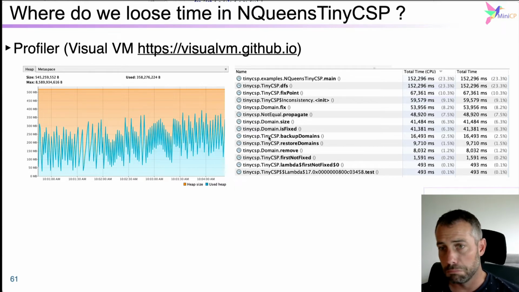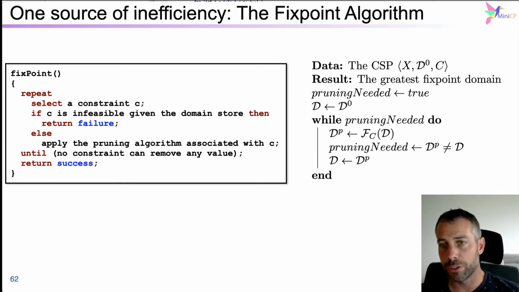So how can we improve the fixed point's behavior? Well, the fixed point, the way it's implemented in our TinyCSP solver, was executing all the constraints of your problem as soon as you detect that one constraint was able to prune something. So if you're able to prune something, then you will execute all the constraints one at a time.